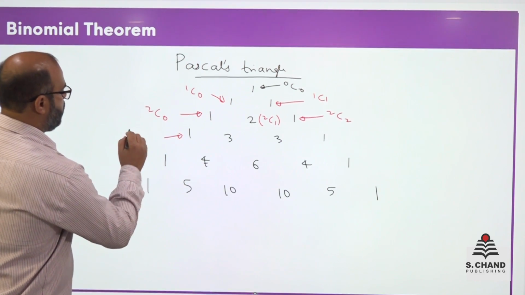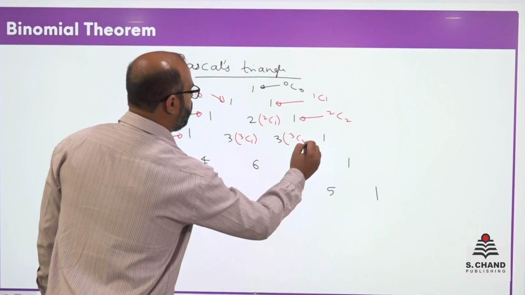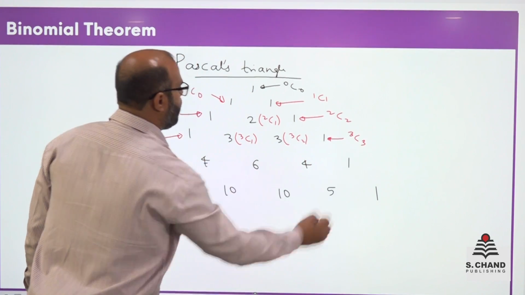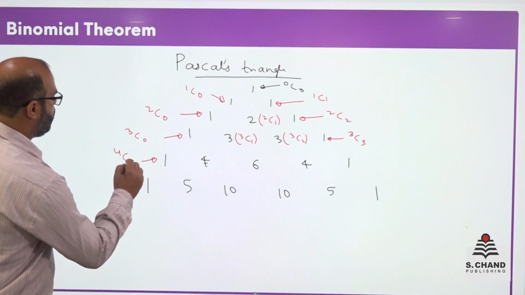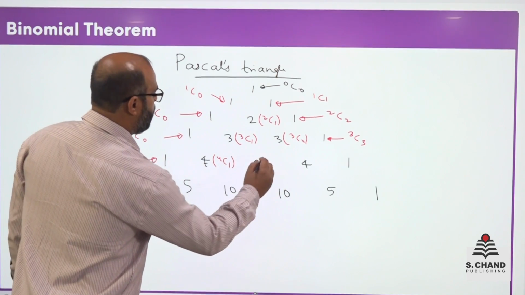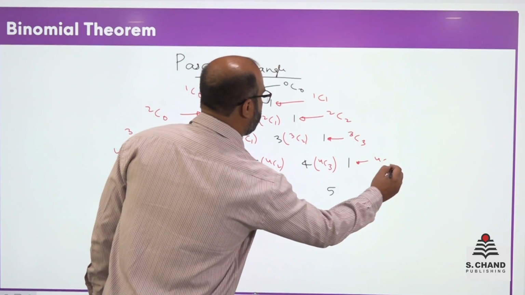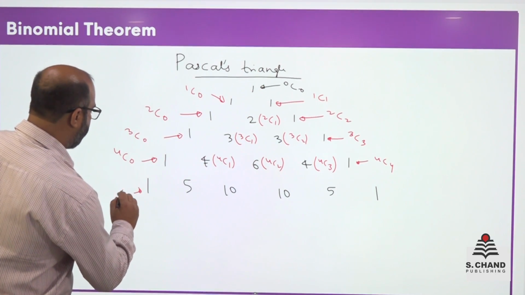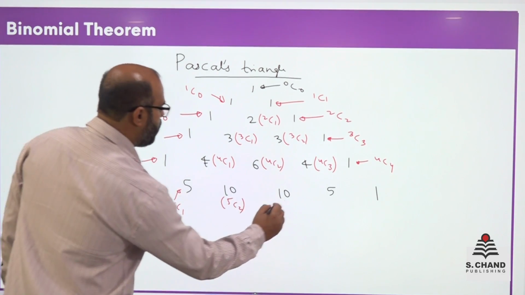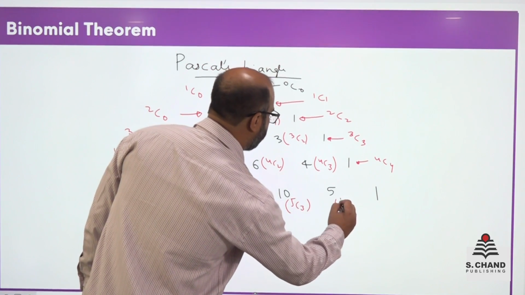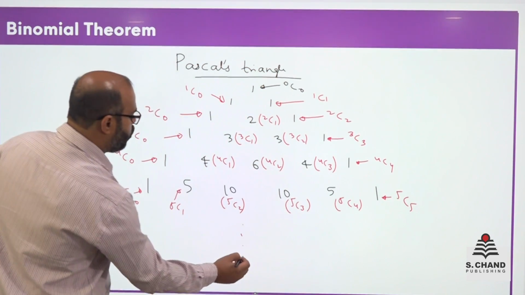Here it is 3C0, 3C1, 3C2 and 3C3. nCn is always 1, nC0 is also 1. This is 4C0, 4C1, 4C2, 4C3, 4C4. Similarly, here also 5C0, 5C1, 5C2, 5C3, 5C4 and finally 5C5. So this pattern goes on continuing.